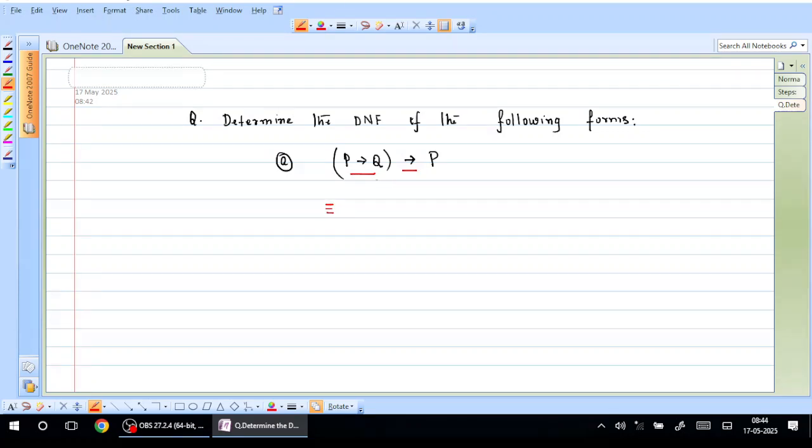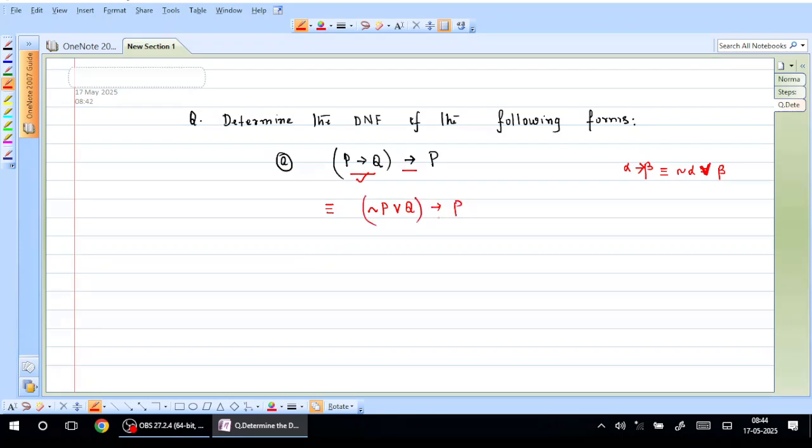So first of all, if I handle here, I use the formula alpha implies beta is equivalent to negation of alpha join beta. So it is negation of P join Q, and this implies P.